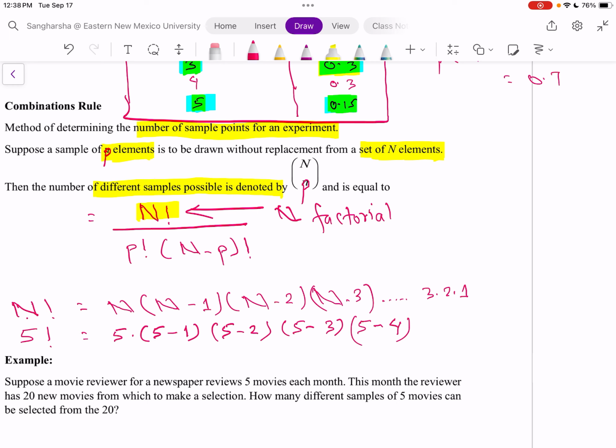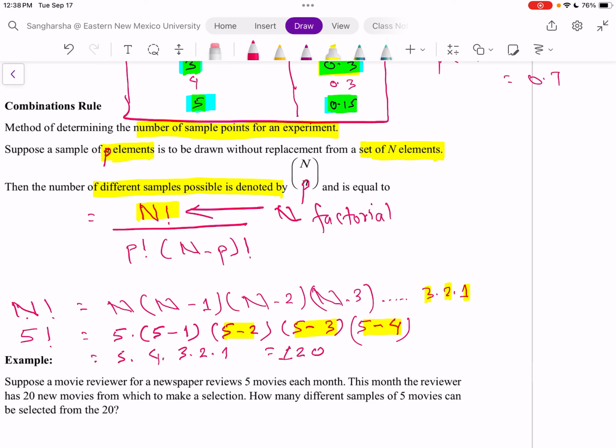The differences: 5 minus 4 is 1, 5 minus 3 is 2, 5 minus 2 is 3. So this is 5 times 4 times 3 times 2 times 1. And what does this product equal? 5 times 4 is 20, times 3 is 60, times 2 is 120. So 5 factorial is 120.